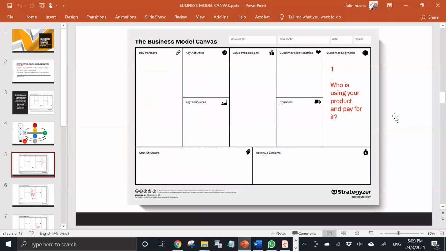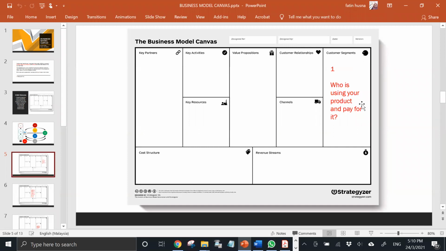Okay, we go to number 1 first. Who is using your product and pay for it? So basically, if you want to put the customer, what kind of customer here? The customer must pay for the product and use the product.